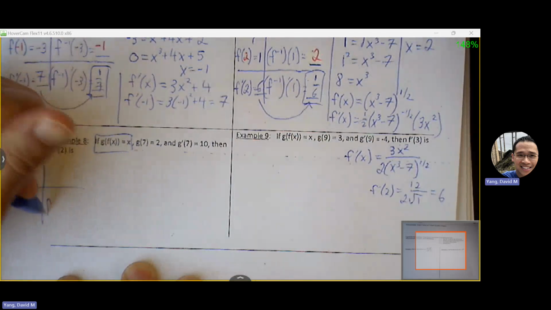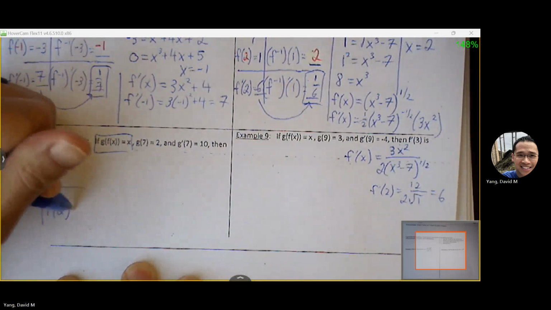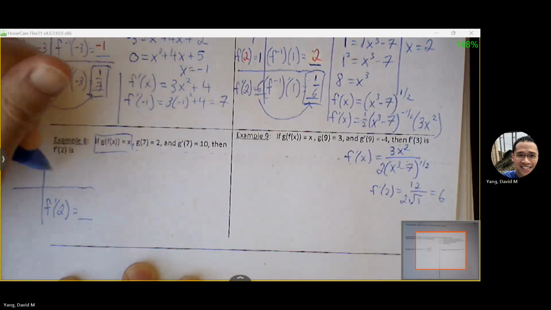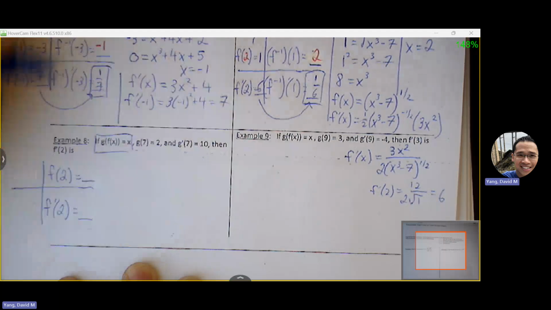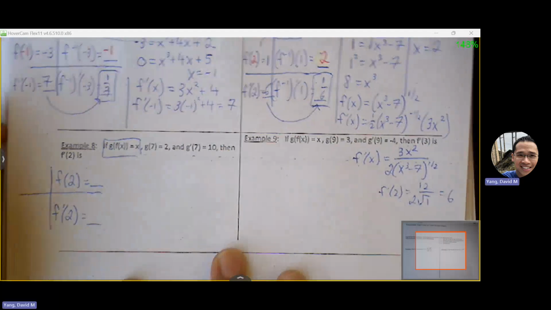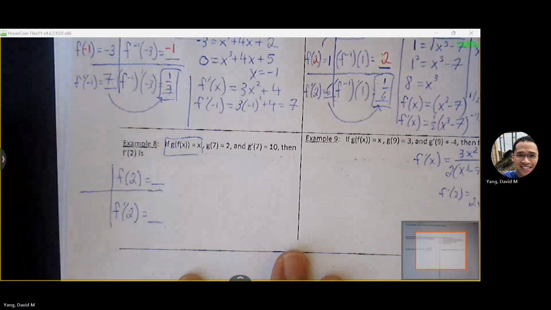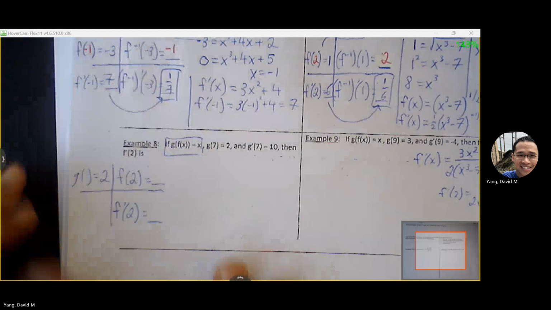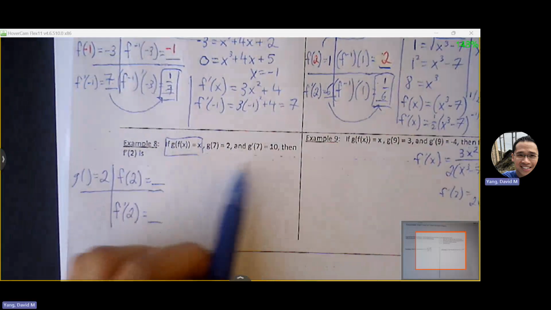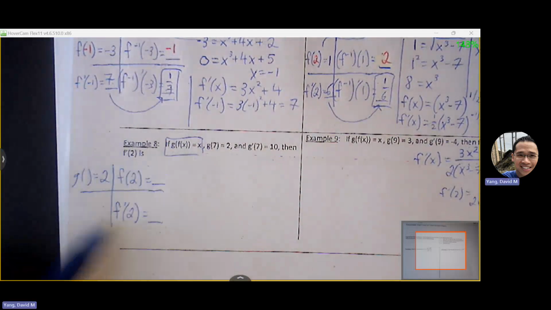Okay, so I'm trying to find f prime of 2. I know 2 is the x value of my f function, which must mean that 2 is the what of my g function? Y value. So even before I look at the rest of the data, I can already fill this in.